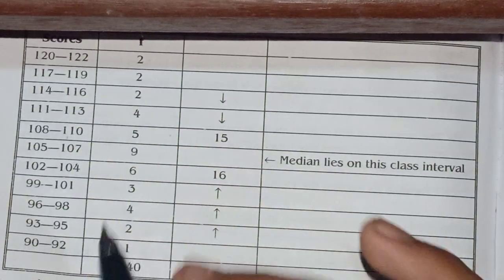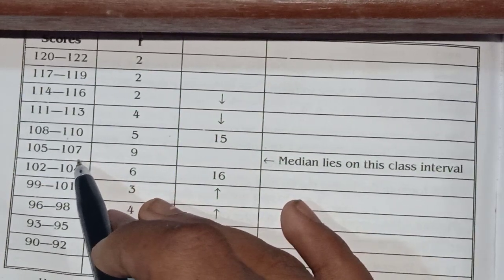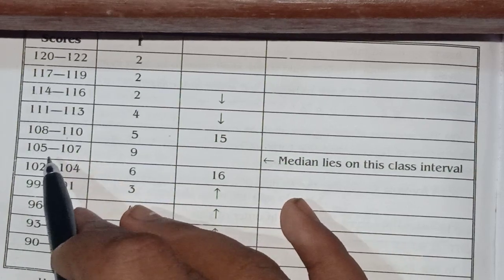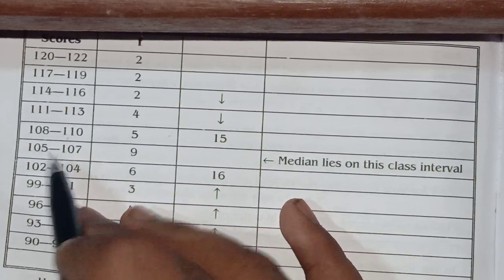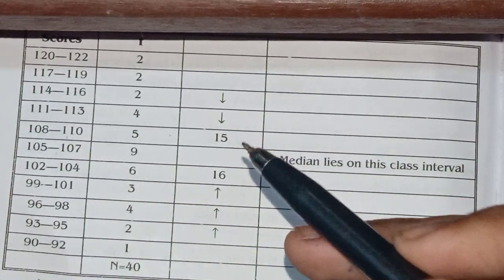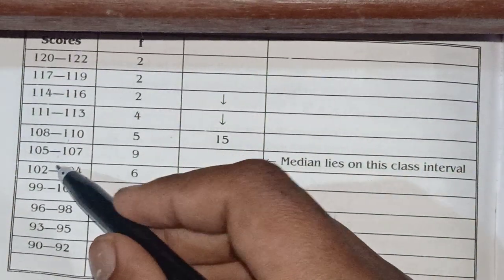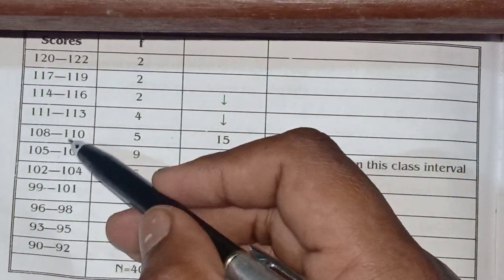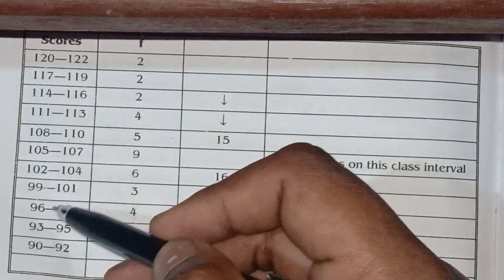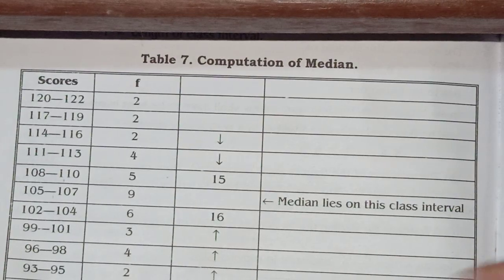What is the sixth class interval? The sixth class interval is 105 to 107. So the median is between this. We assumed this because above the median and below the median there are the same number of scores. So above this and below this there are 5 scores. Simply it can be a class interval, but thereafter they are all scores.